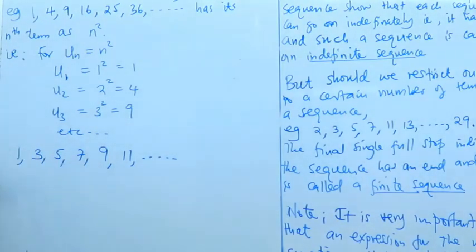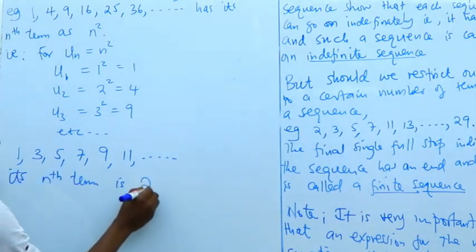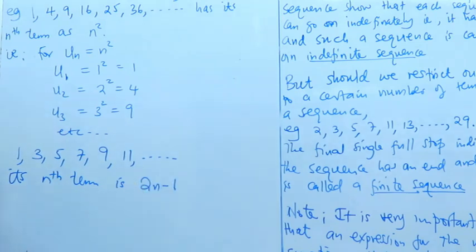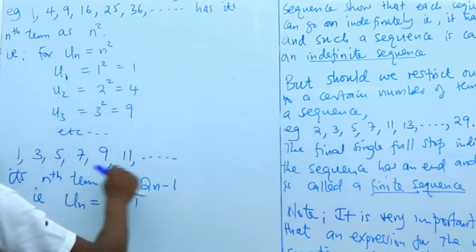When you look at this one, its nth term is 2n minus 1, i.e. U_n is equal to 2n minus 1. The nth term can be helpful to determine each and every term in this sequence.